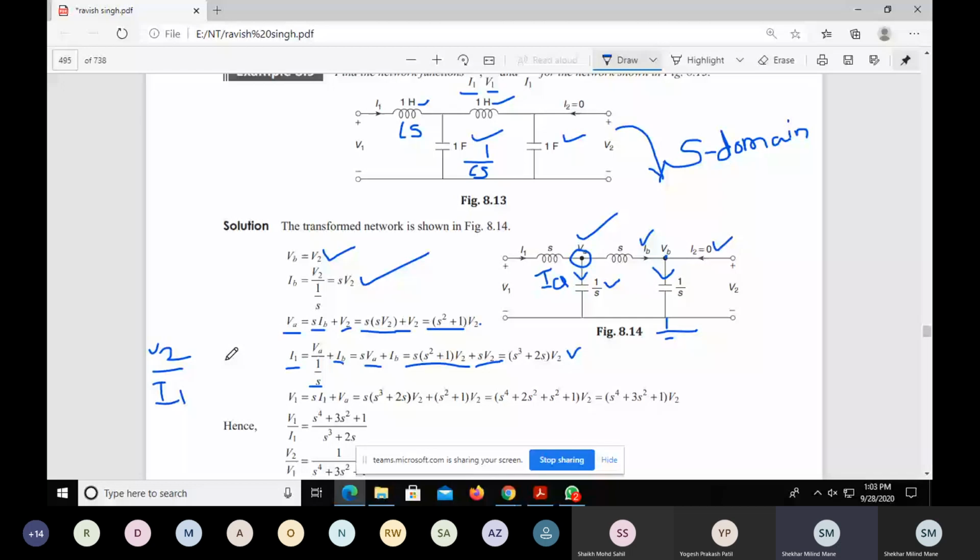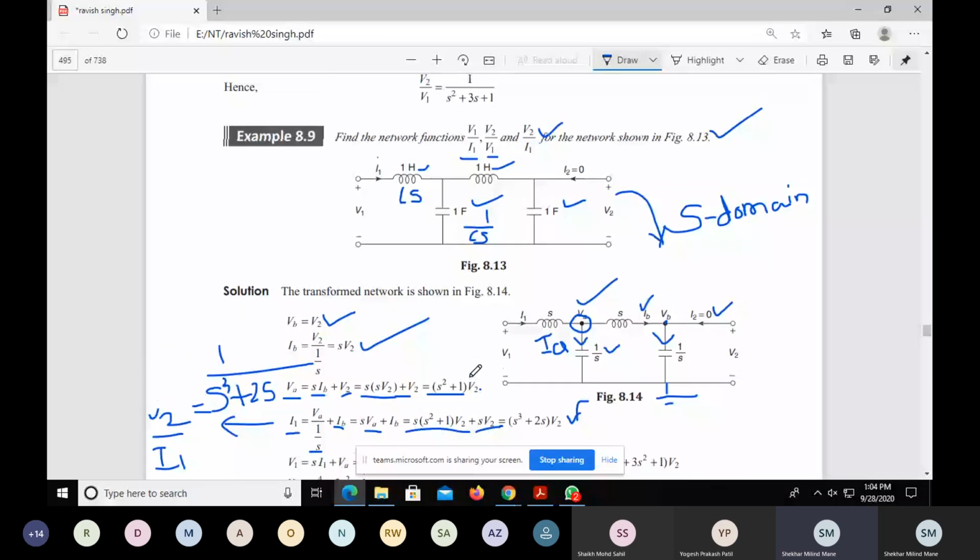So V2 upon I1 is nothing but 1 by S cube plus 2S. So in this step you get one equation, that is V2 upon I1, which is required in the problem.